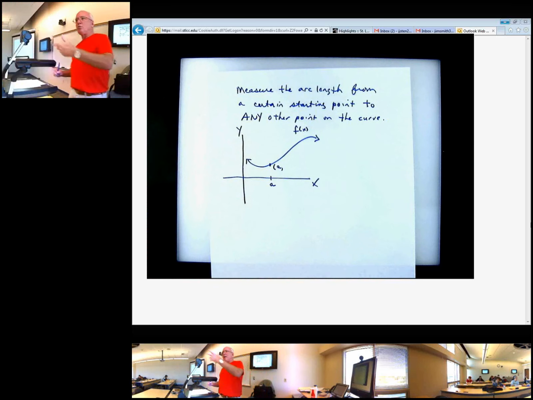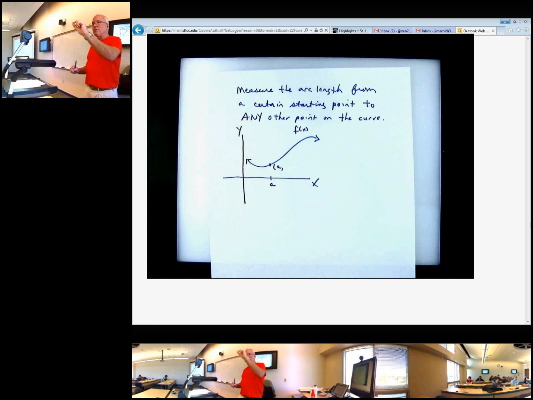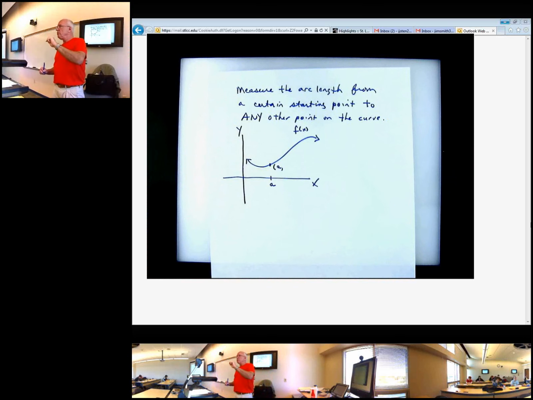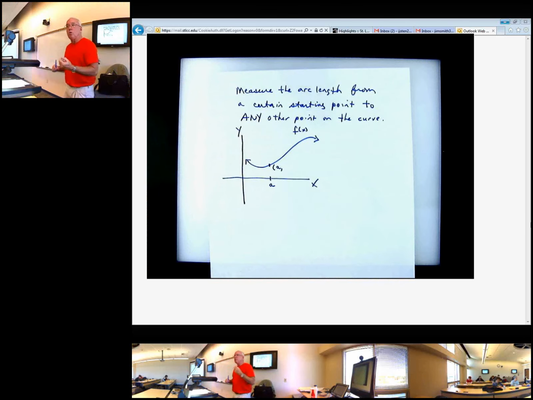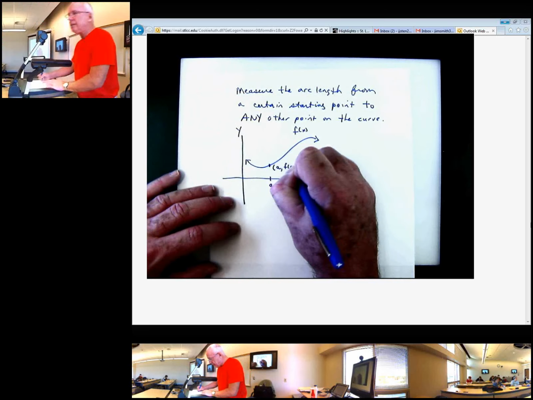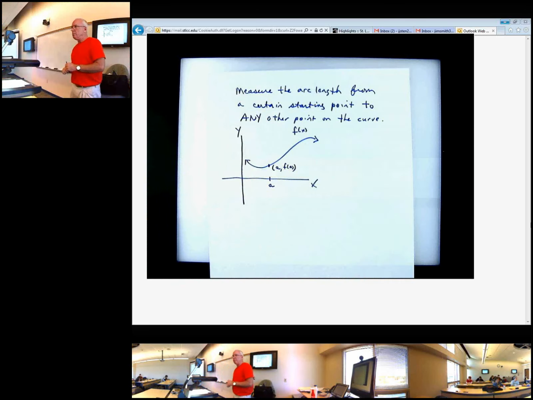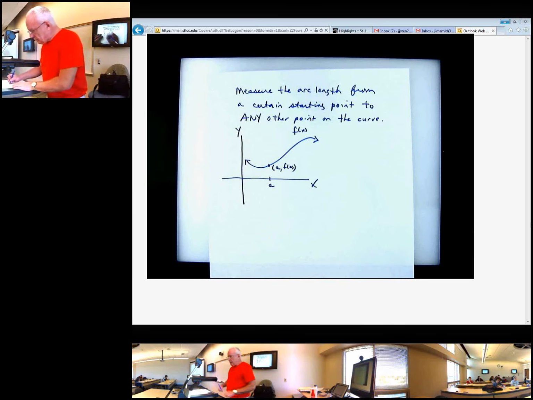Well, f of a, right. The y coordinate on a graph is the function value, so the y coordinate would be f of a. That's the thing I was looking for. So that's our starting point.